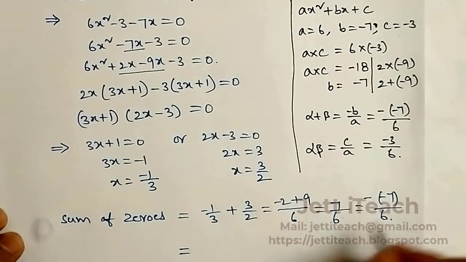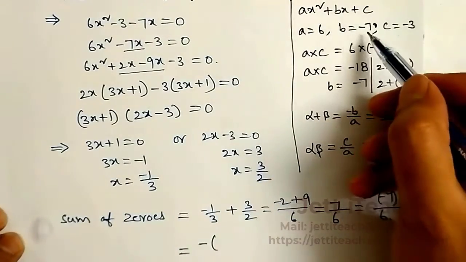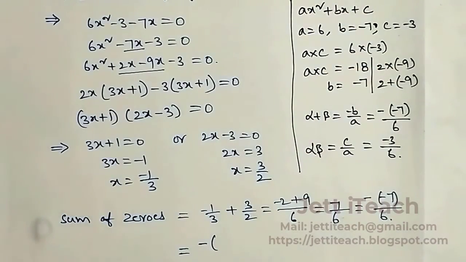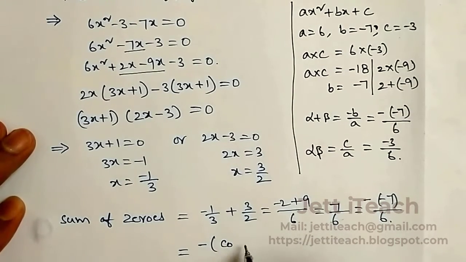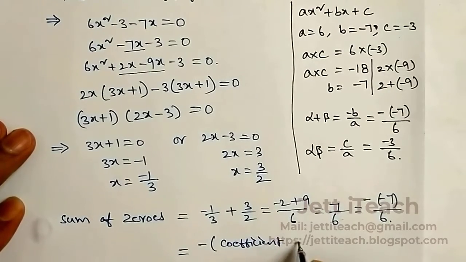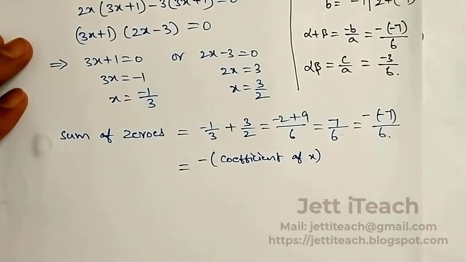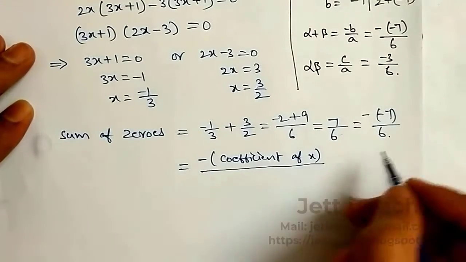Now what is minus 7 here? B means the coefficient of x, divided by 6.